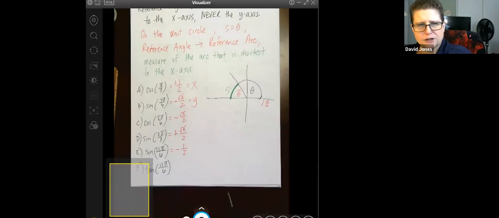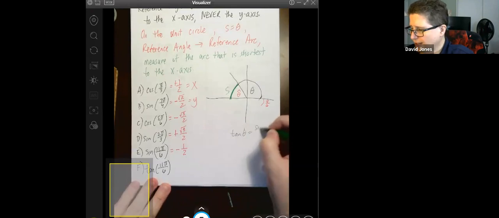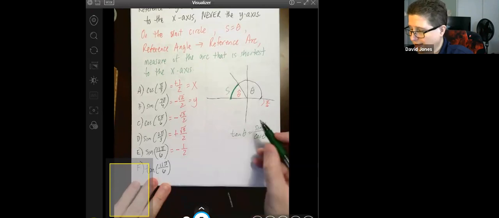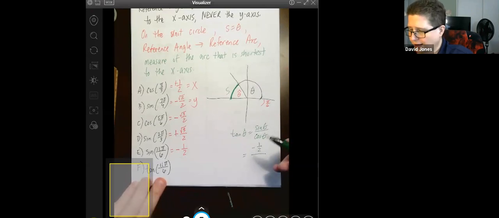How could I go about doing tangent? I snuck this in. Just being sneaky. I didn't show you that on the unit circle. Well, remember, tangent theta is sine theta over cosine theta. And we have the sine theta, so we've got negative 1/2 on top. What's cosine theta there?